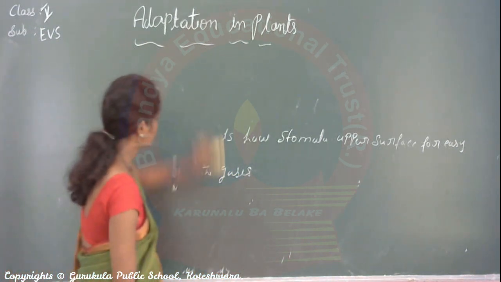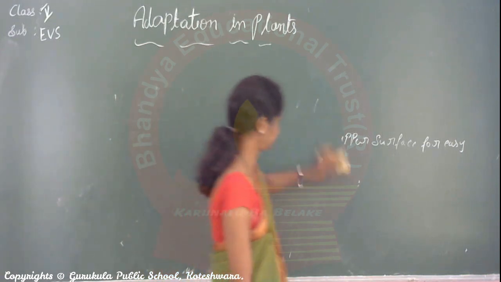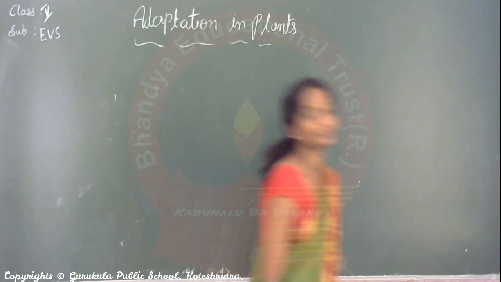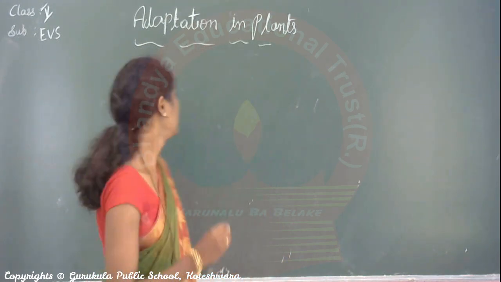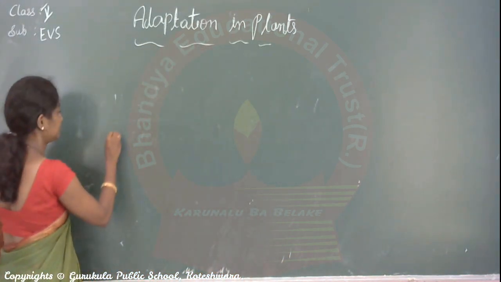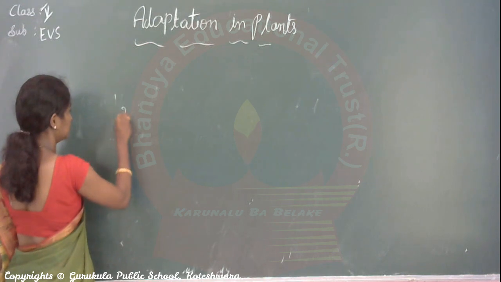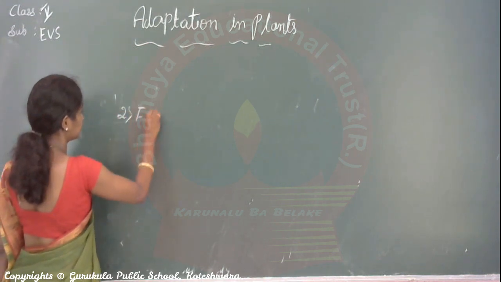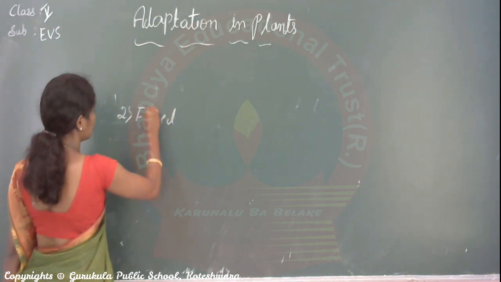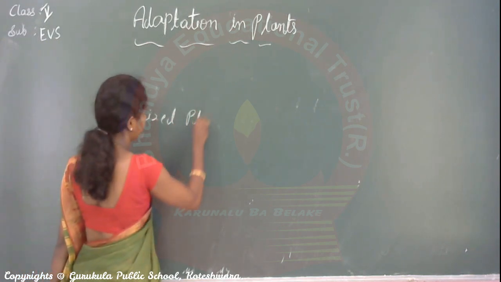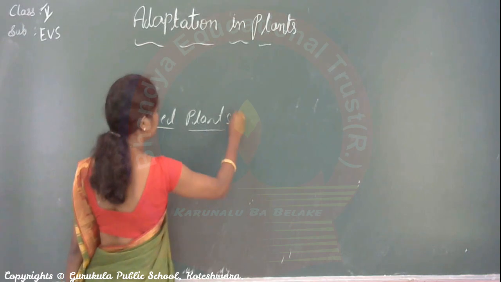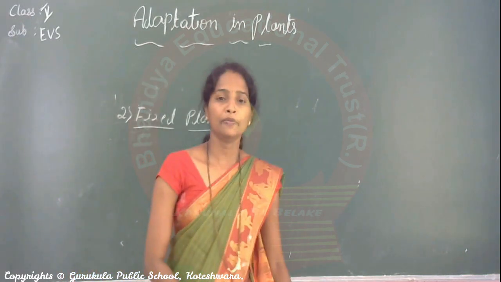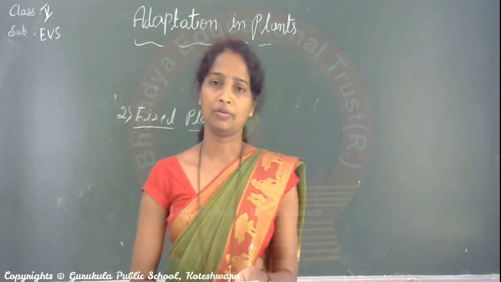Okay. Second one is fixed plants. Fixed plant means what, children?